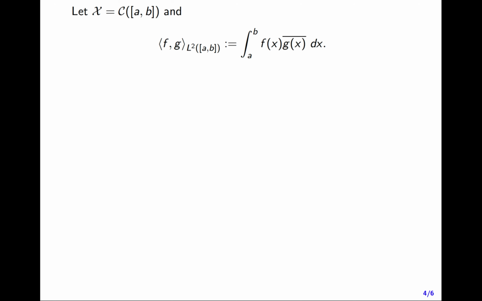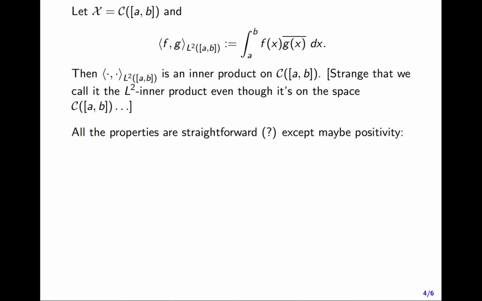Again, I'm a mathematician, so the second vector, the second slot of the inner product, g, is getting the complex conjugate. Then it turns out that this map is an inner product on the continuous functions from a to b into the complex plane. You might say it's strange that we're calling it the L2 inner product, even though it's on the space of continuous functions. This is just a matter of notation, just like the L2 norm.